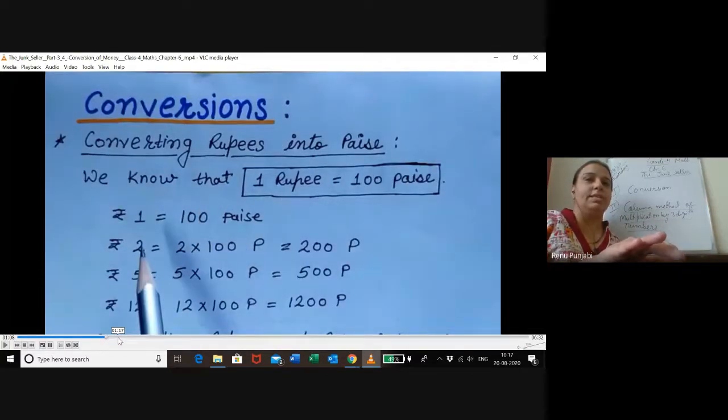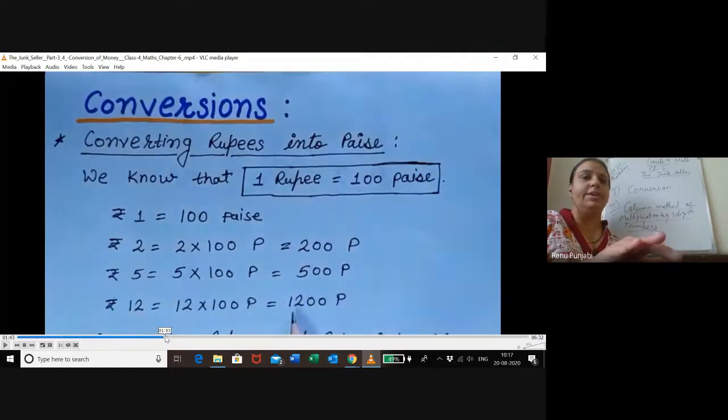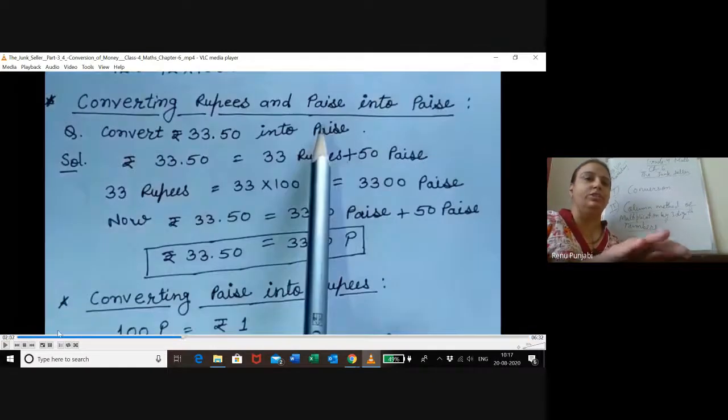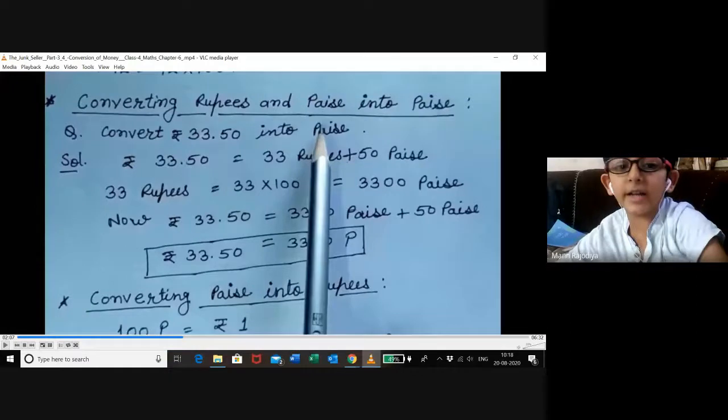So now we will see, if rupees and paisa both are there, how to convert them into paisa. So till here we have already done this. Converting rupees and paisa into paisa.